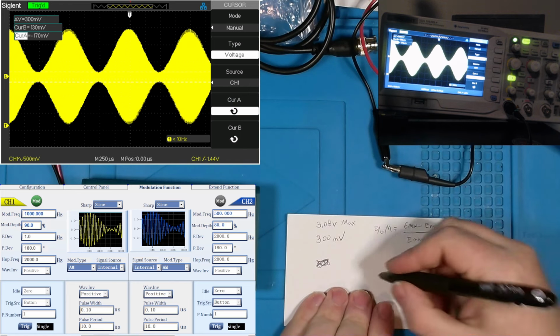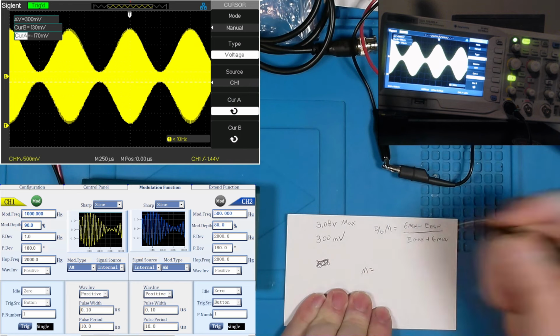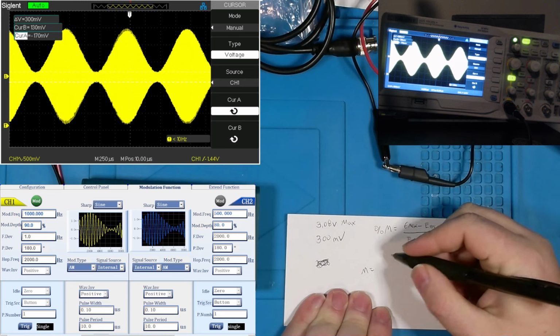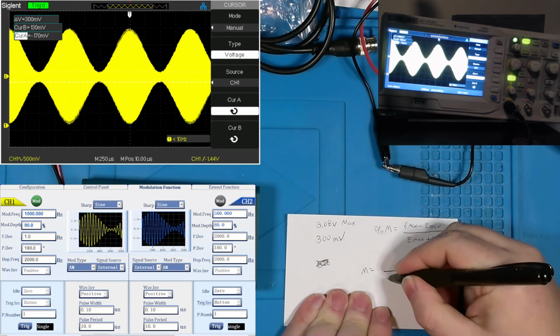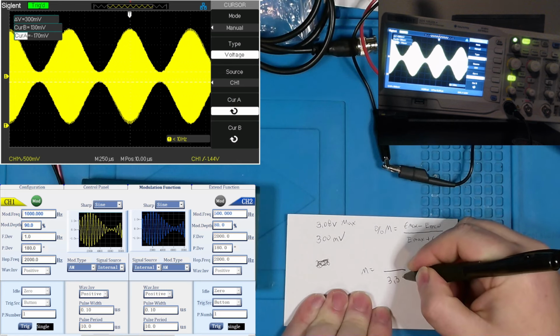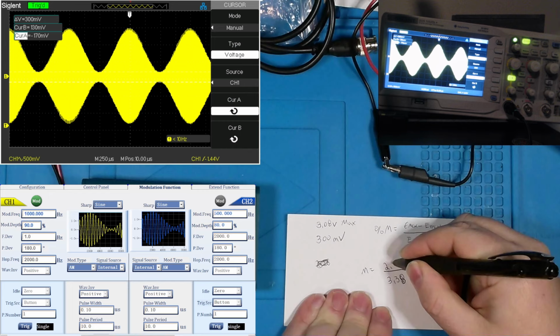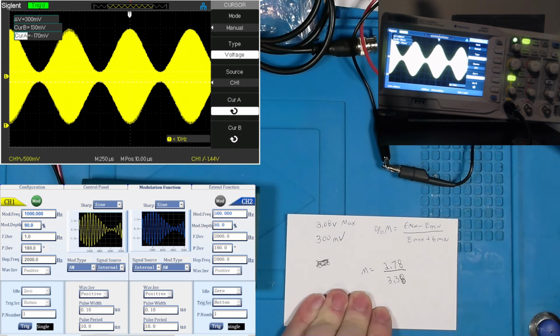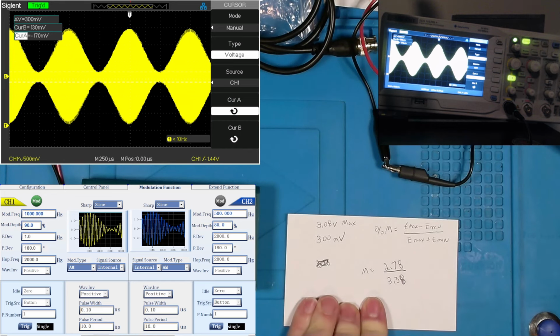And what that would come to is, let's see, 3.38 and 2.78. And I divide these two numbers together.